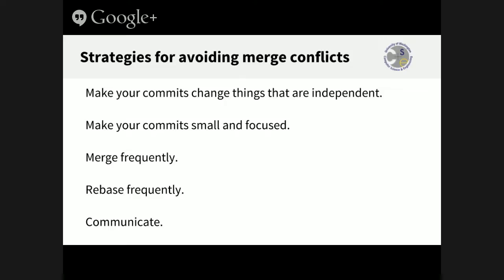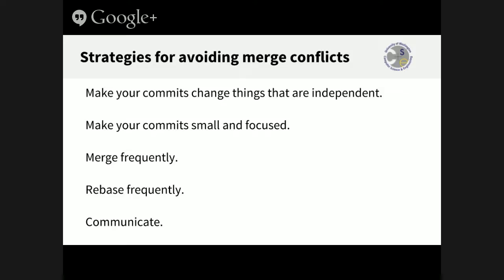If you have a giant commit that affects like 20 files, and only one of those is in conflict, then the entire commit won't go through until you fix the merge conflict. Whereas if you had made 10 commits out of the changes that you made, then 9 of those commits would go through and 1 of them would fail. So you want to make small focused commits.